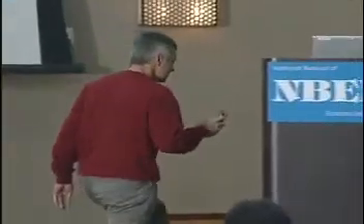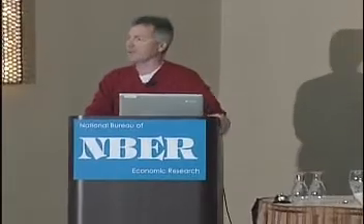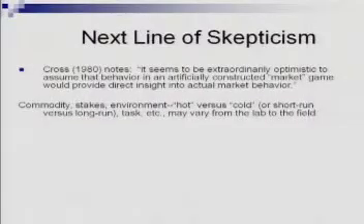Now, there are more criticisms than just the representativeness of the population. So there was a brief discussion in 1980, which was begun by Cross, who notes it seems to be extraordinarily optimistic to assume that behavior in an artificially constructed market game would provide direct insights into actual market behavior.